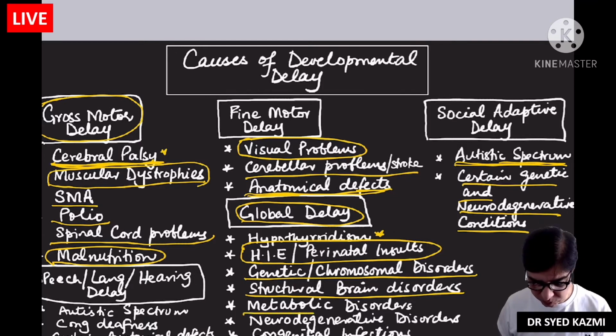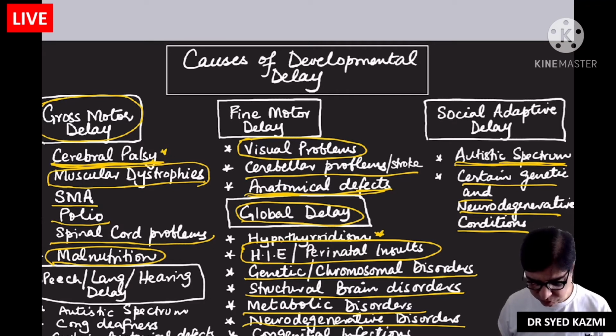Some of the metabolic disorders, which are caused mostly by enzyme deficiencies, like Leigh disease, Tay-Sachs, Sanfilippo mucopolysaccharidosis. The list is literally a huge one. The majority of those metabolic disorders are associated with global developmental delay. Certain neurodegenerative disorders like Rett syndrome, adrenoleukodystrophy, metachromatic leukodystrophy, white matter disease can give rise to global developmental delay.